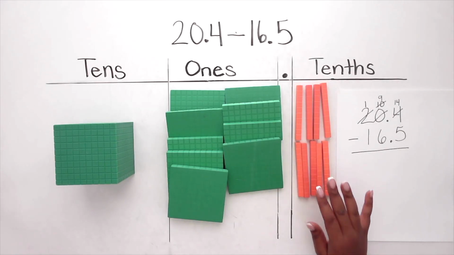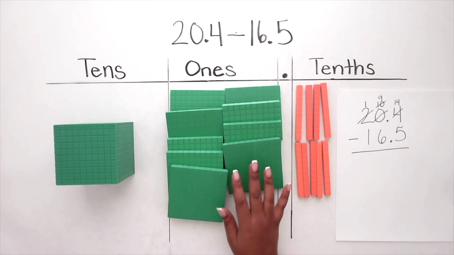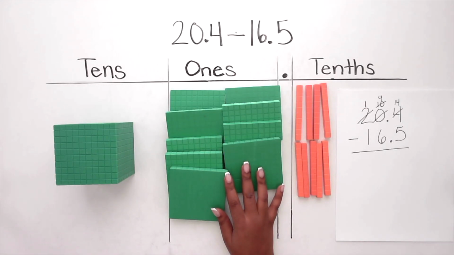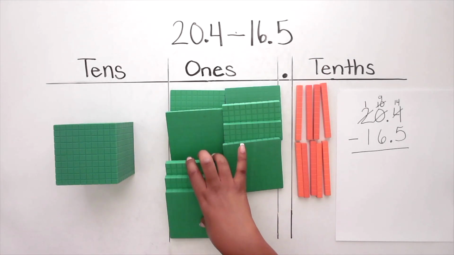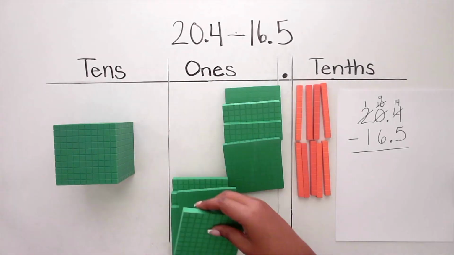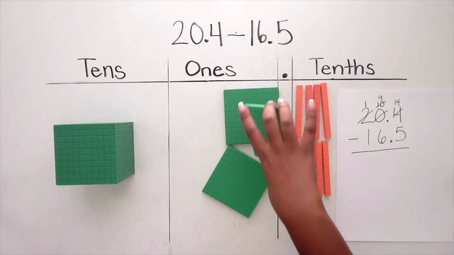In the ones place, there are 9 ones left after regrouping. I'll subtract 6 ones, leaving 3.